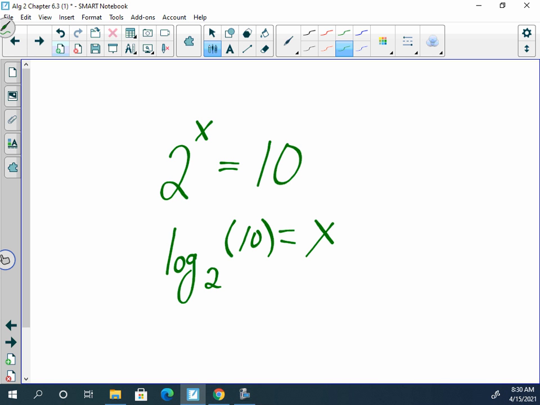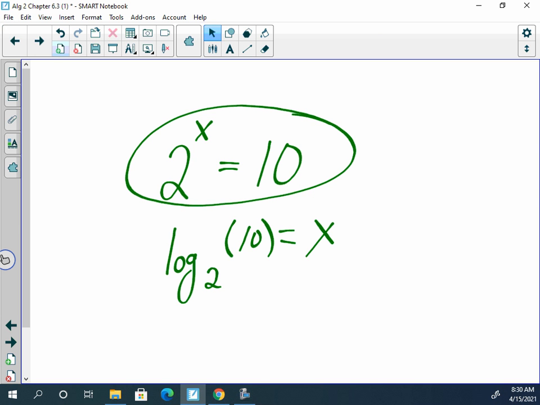There's ways to actually calculate log base 2 of 10. So with these logarithmic functions, it's given me a way where, with this here, it'd be very challenging to figure out what value of x would make this true. But here, with log base 2 of 10, I now have a way to calculate the value of x. That's one reason that these are nice to have.